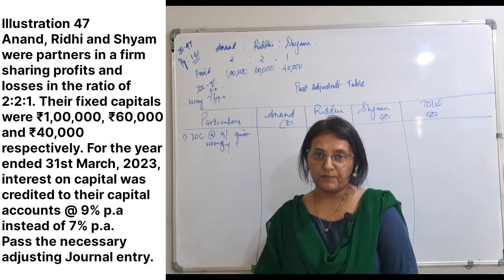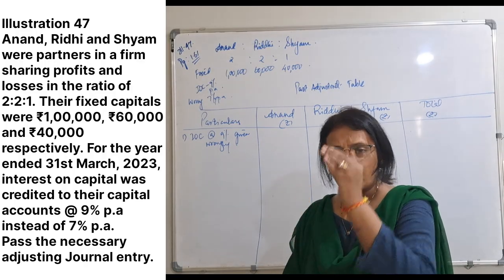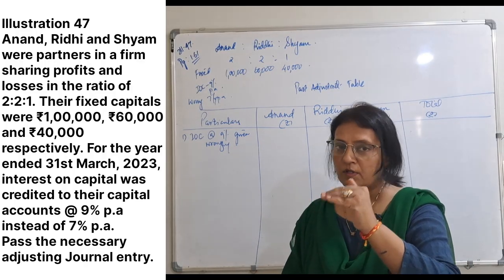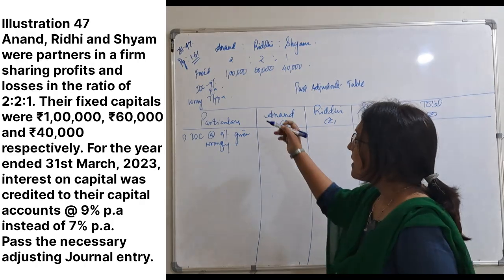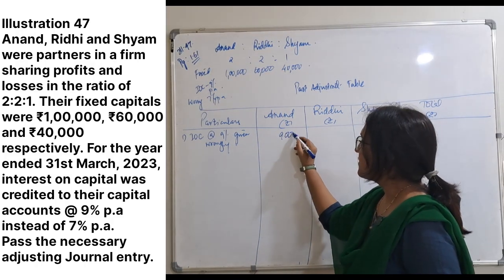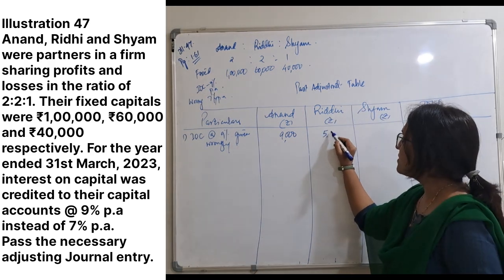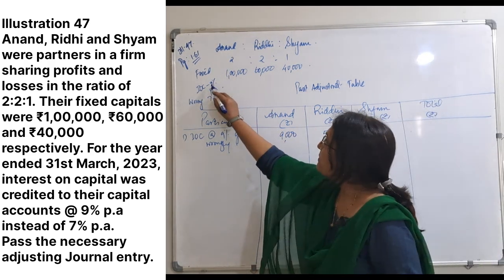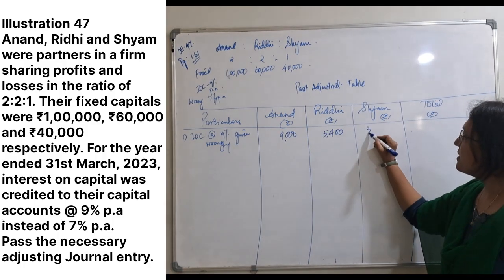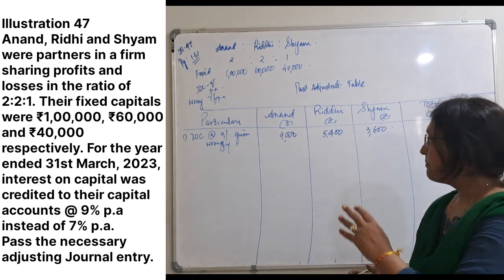So we are going to debit that again, lowering that much amount from their capital account. 9% of 1 lakh is 9,000. 9% of 60,000 is 5,400. 9% of 40,000 is 3,600.